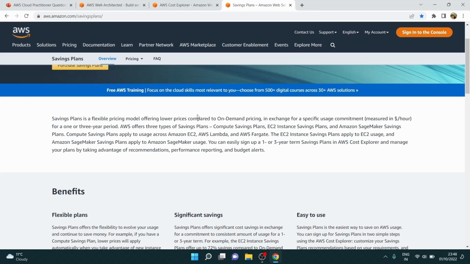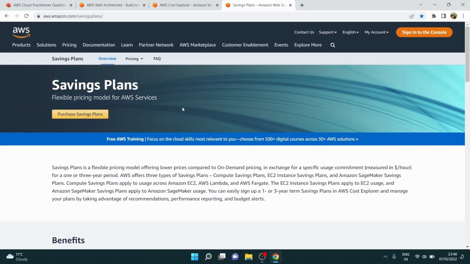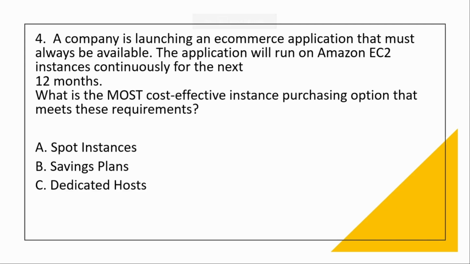Savings plans have 1 year or 3 year terms. We are asked in the question about 12 months, so a 1 year term fits. So savings plans will be the correct answer. On demand is very costly and we need the most cost effective, so on demand cannot be the choice.